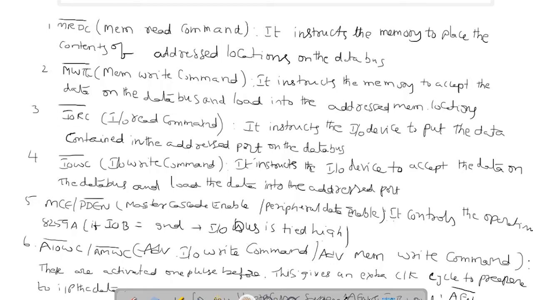So in this pin, IOB should be grounded, and the input output bus is tied high. Here the IOB is grounded and enables the IO bus transceivers if IOB is tied high. If IOB is tied high, then the transceivers are going to be enabled.